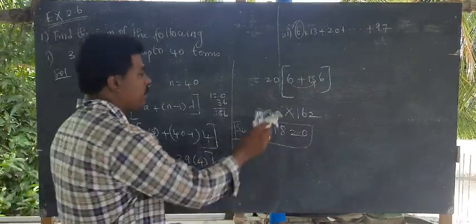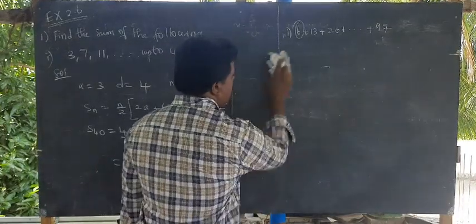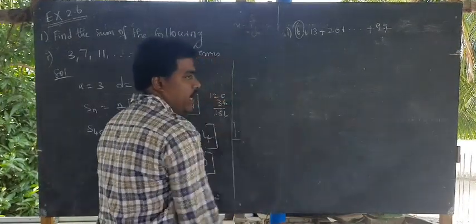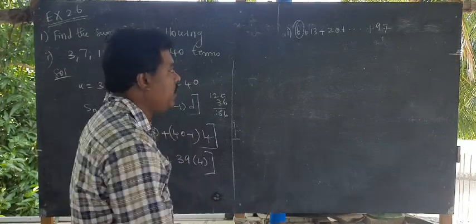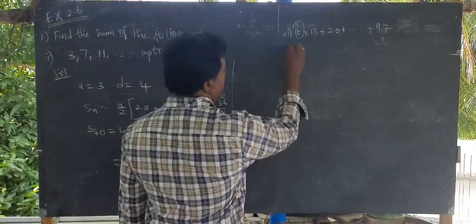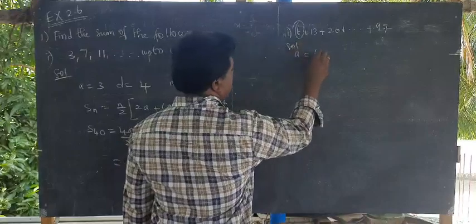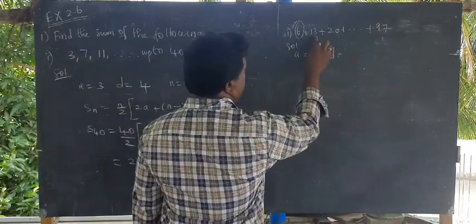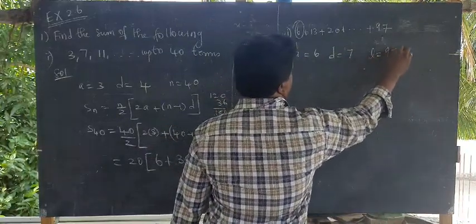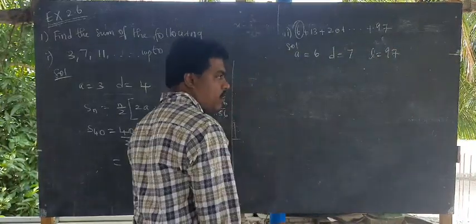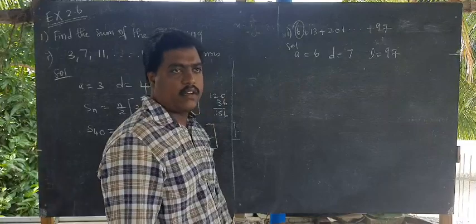Subdivision 2 is common for you. Subdivision 3: here a is 6, d is 13 minus 6, which is 7, and L equals 97. We need n.